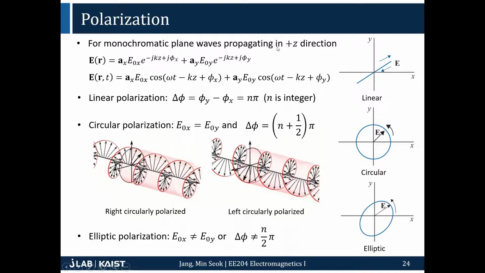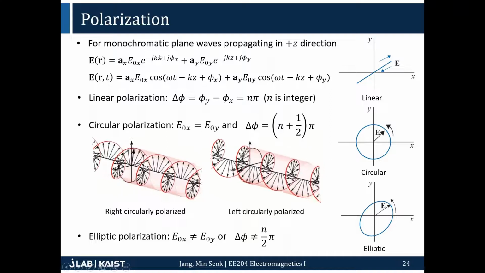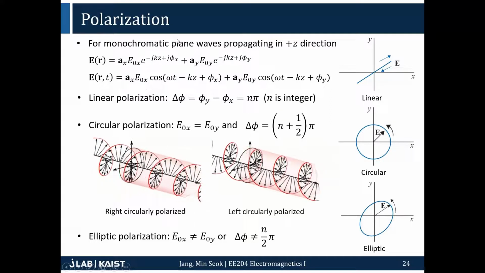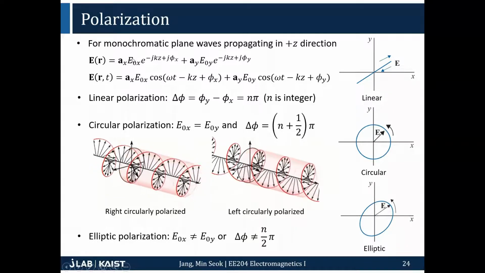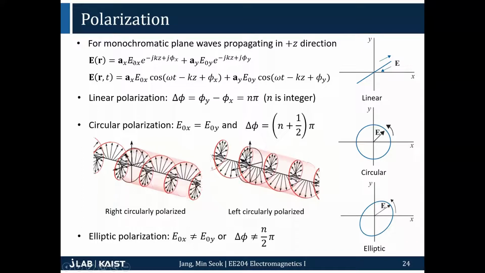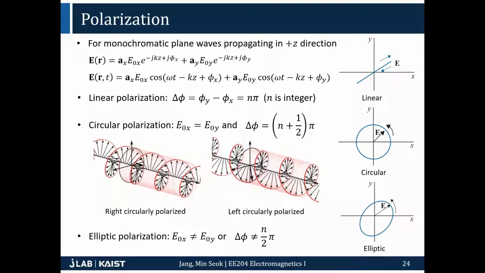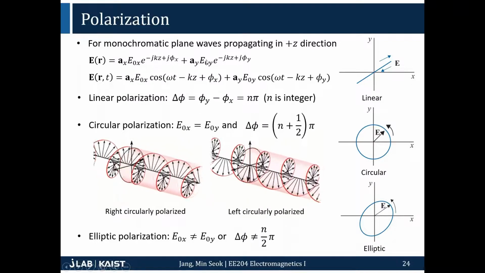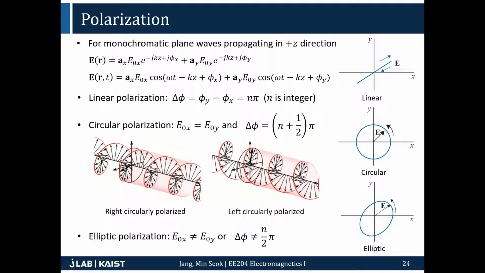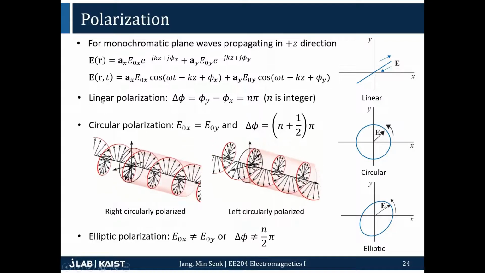No problem doing that. And then we want to express the electromagnetic plane wave propagating along the z direction as a linear combination of two waves, an x polarized wave and a y polarized wave. What I mean by polarized here is the direction of electric field oscillation. If the electric field oscillation is along x, we call it an x polarized wave. If the oscillation direction of the electric field is y, it's called a y polarized wave. And of course, the general wave is a linear combination of the two, right?